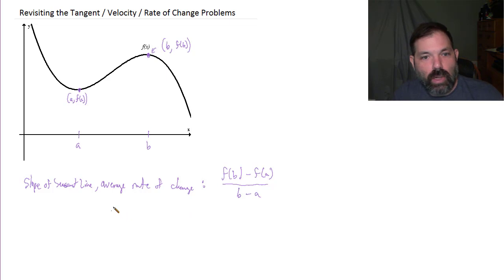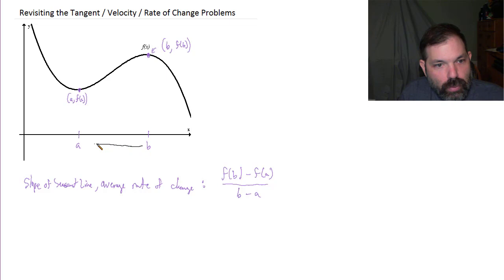And then we said, well, now take this point b, and drag it closer and closer to the other point a. And so what we were doing is using a limiting process.